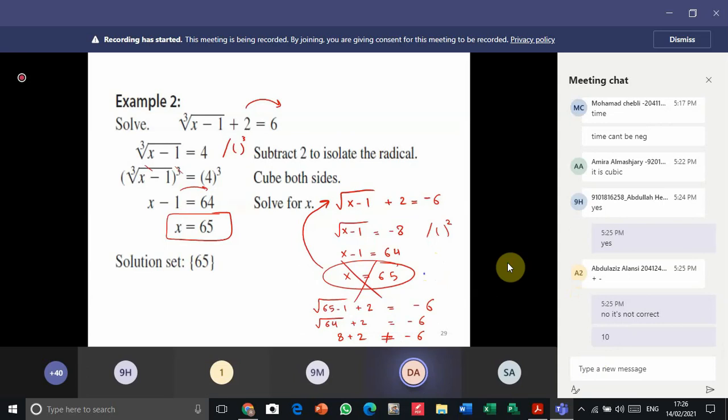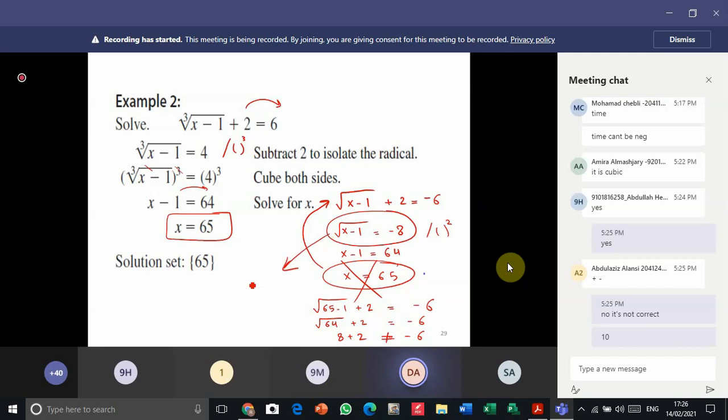Why 10? Also not 10. Look at this. We have radical equal negative. The answer of radical equal negative, this is impossible.